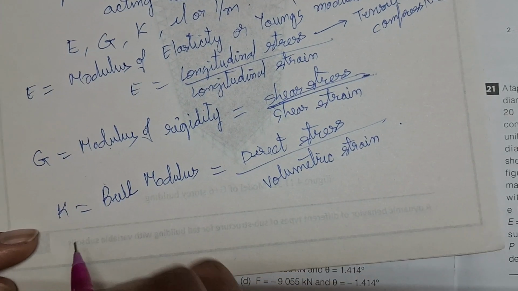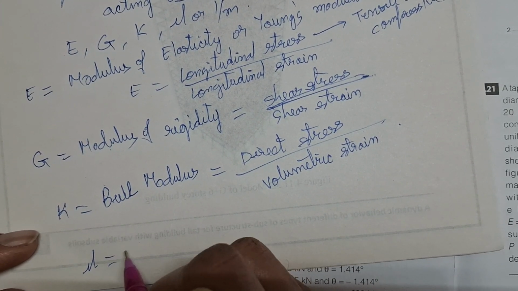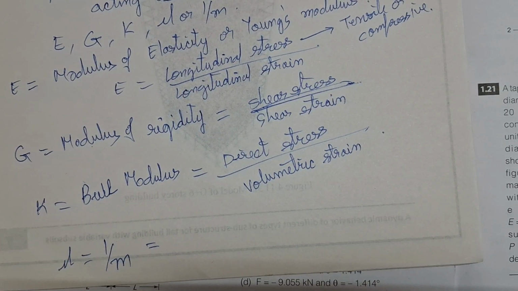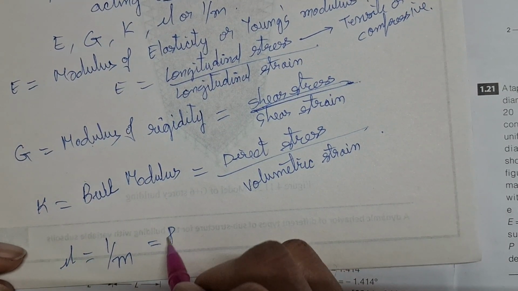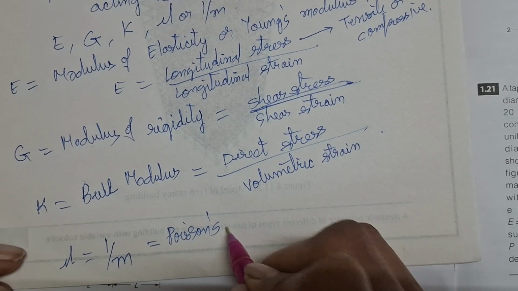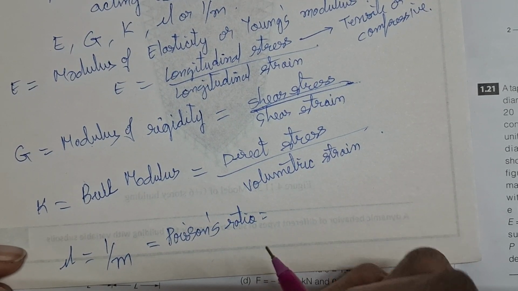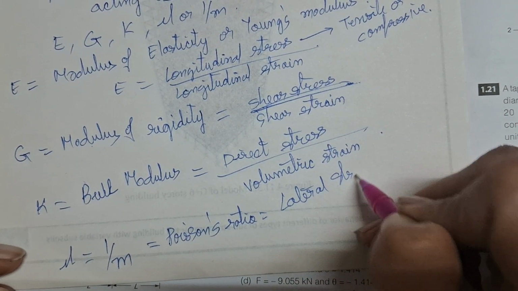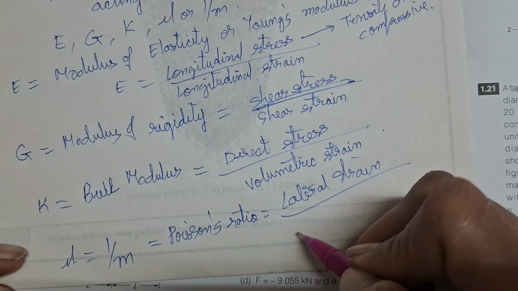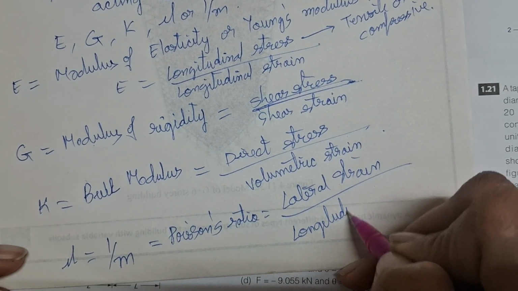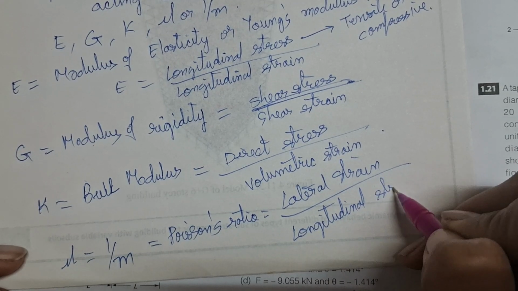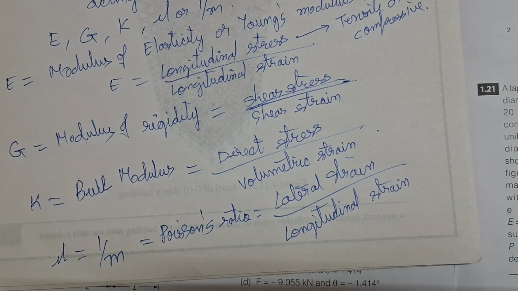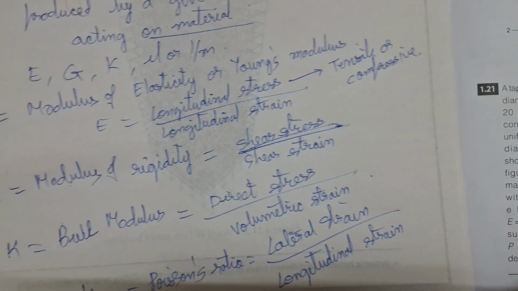And last is mu, that is Poisson's ratio, or 1/m in some books. That is lateral strain divided by longitudinal strain. Of course it is unitless.